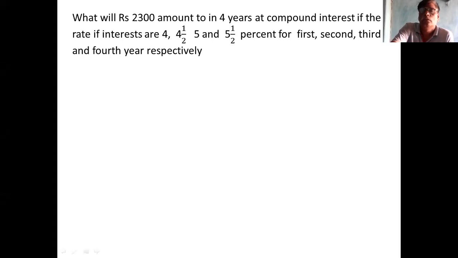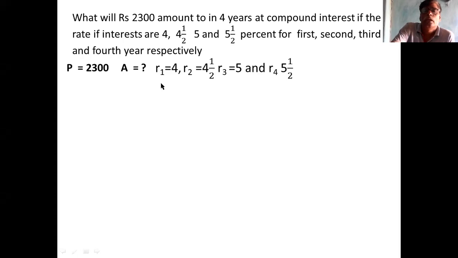Any doubt? So I'll write P is 2,300. Amount is unknown. Then R1, the first rate of interest, is 4, R2 is 4 integer 1/2 means 4.5, R3 is 5%, and R4 is 5 integer 1/2 means 5.5%.